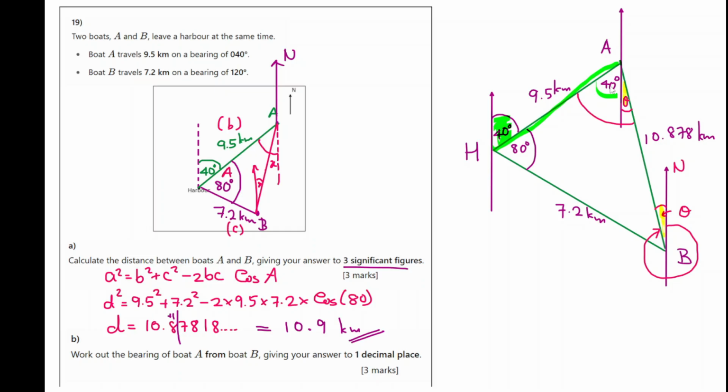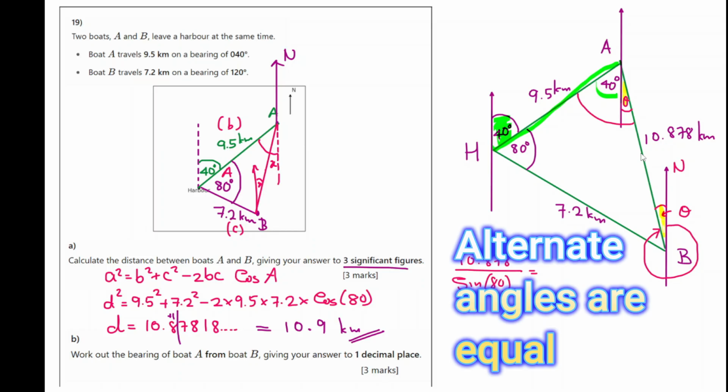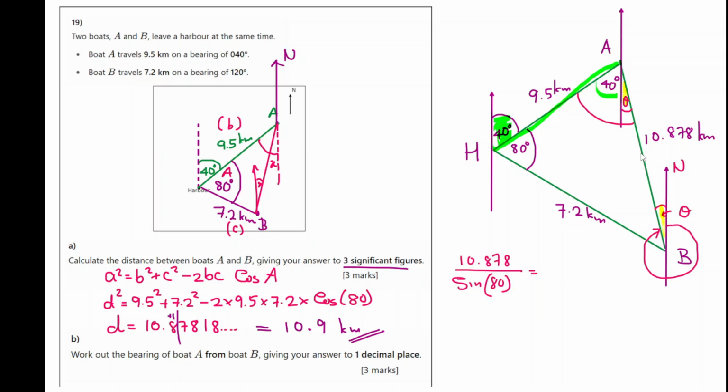10.878 over sine 80 is equal to 7.2 divided by sine, let's call this one y, sine y. And it's easy to find sine y.